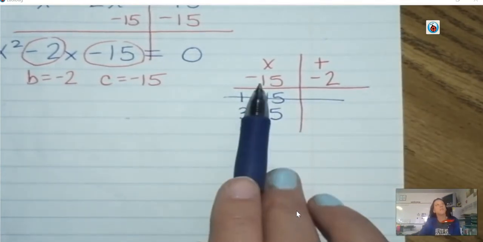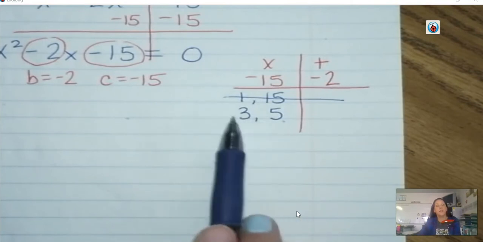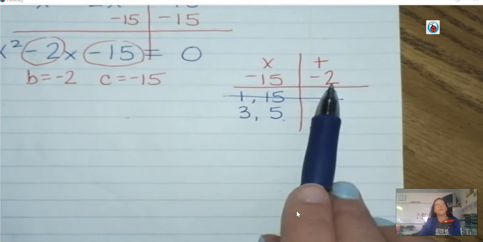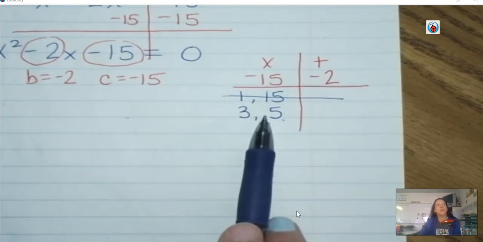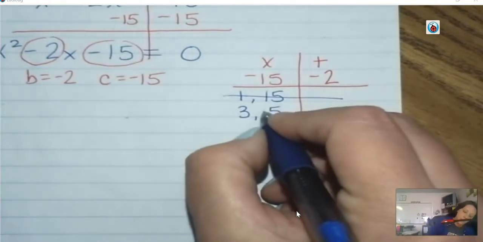Okay, when I multiply them, they need to be negative 15. So that means one of them has to be negative, but when I add them, I have to get negative 2. So figure out, is the negative going to go on the 3 or is the negative going to go on the 5? When I add them, I have to end up with negative 2. Hopefully you figure it out.